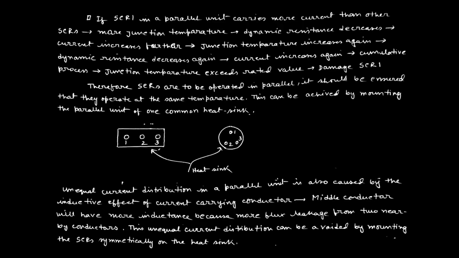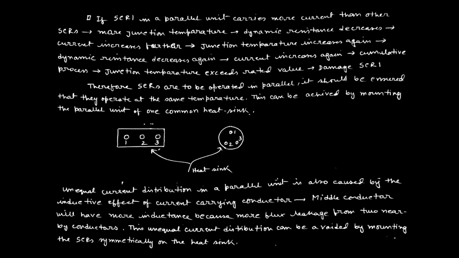That is why junction temperature increases again and dynamic resistance decreases again. It is a cumulative process, which develops a huge amount of heat across the first SCR, quite capable of damaging SCR1 permanently. So the concept of a heat sink is very important for parallel operation.